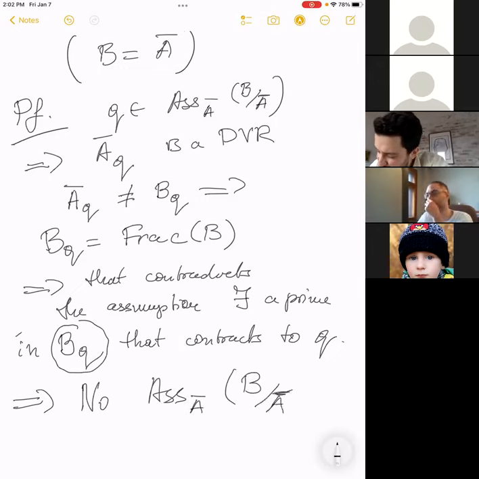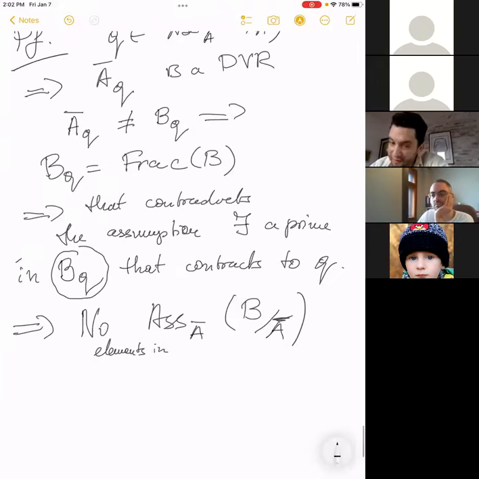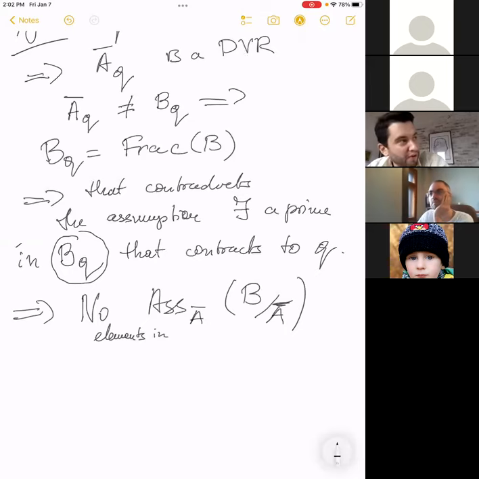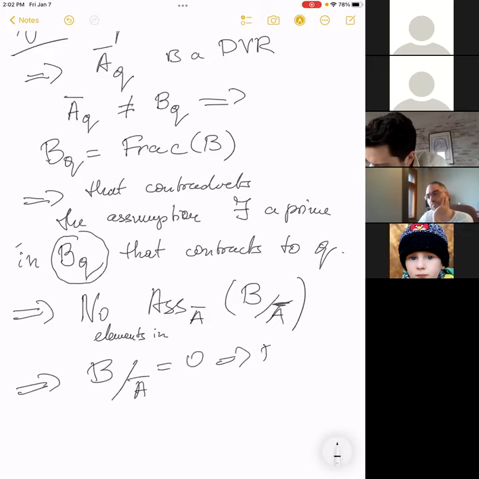There are no associated primes, but we know that if a module, well, there are some important steps here that I'm skipping, but if you have a module with no associated primes, then that has to be 0, so B is equal to A bar.